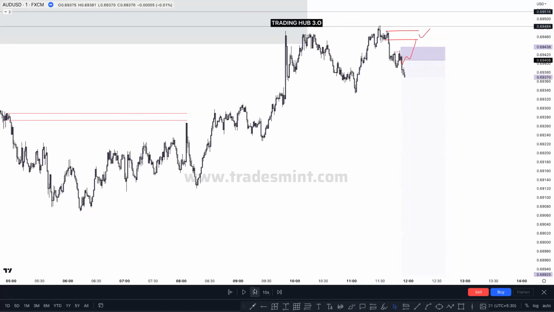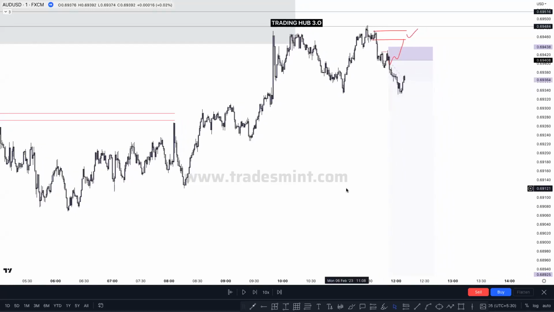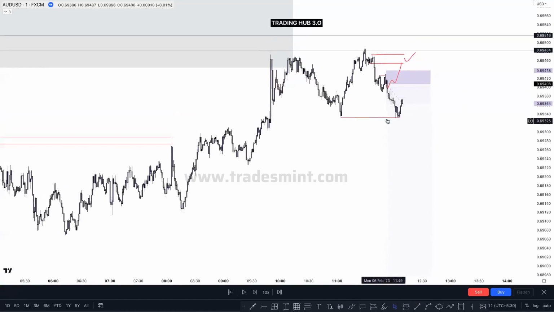Okay, let's see. All right, so this low is broken here, it just swept the low. So you can simply put your stop loss on break even point. And you can take one more entry here if the market taps on your extreme order block, because this one is still valid for the sell.